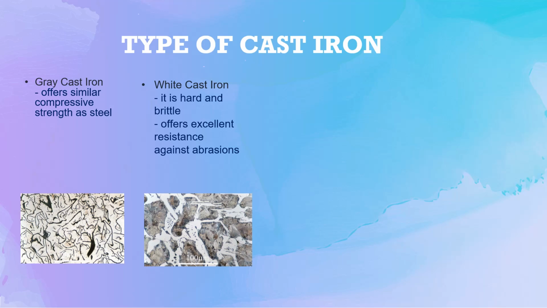The white cast iron is also hard and brittle. Last but not least, white cast iron offers excellent resistance against abrasions. Abrasion is scrap or scratch on the surface. So I'll pass this to the next presenter.